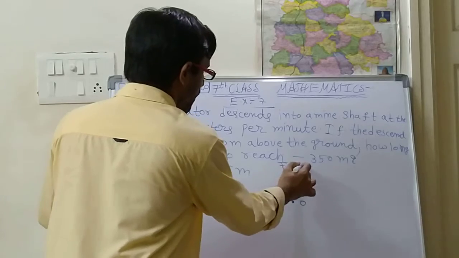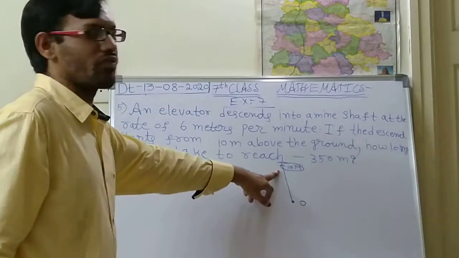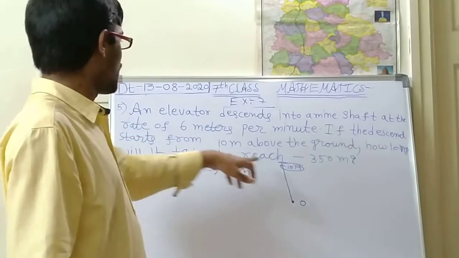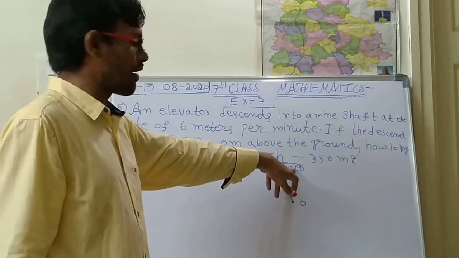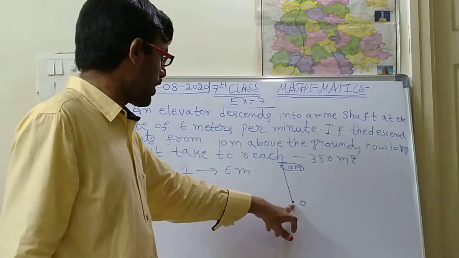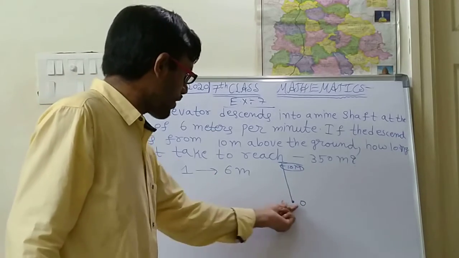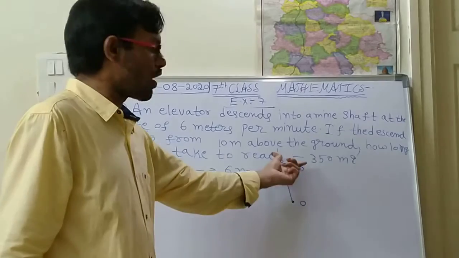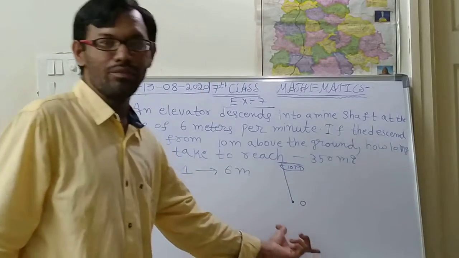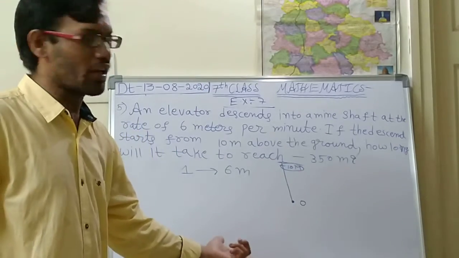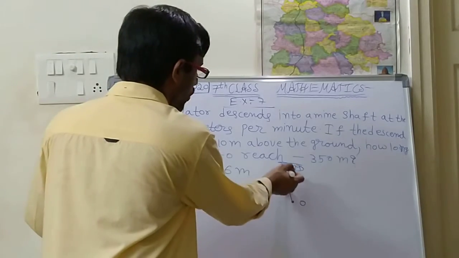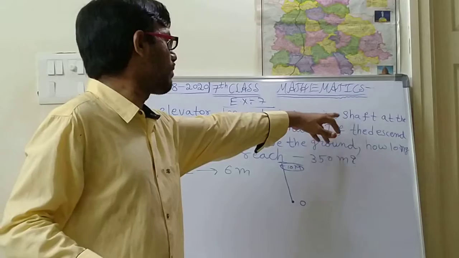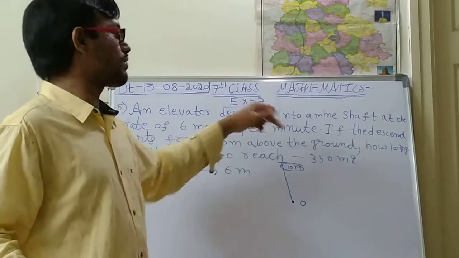So from the 10 meters onwards the descent has started. The exact ground level will be considered as 0. Above the ground level it is positive numbers. Below the ground level obviously negative numbers. So above the ground level, 10 meters onwards it started. How was it started? At the rate of 6 meters per minute.